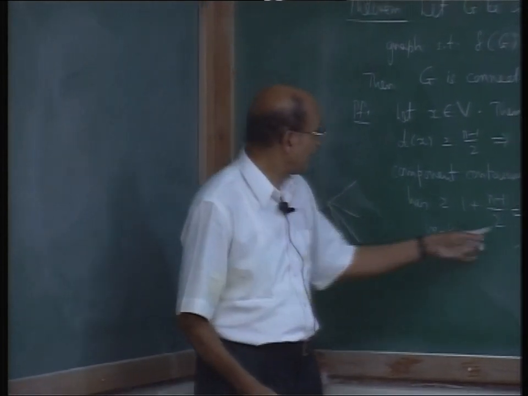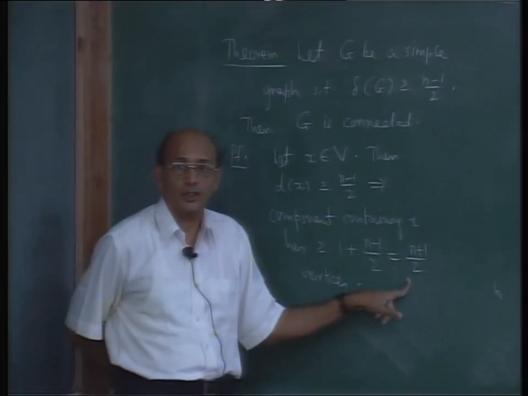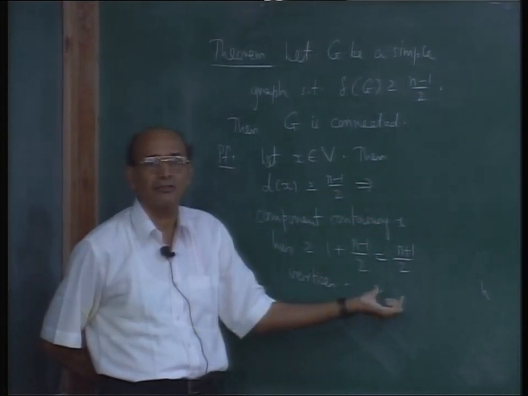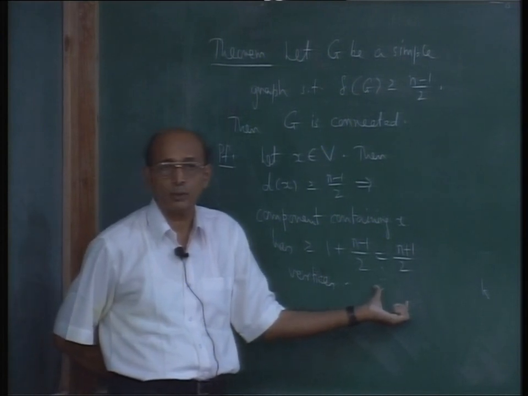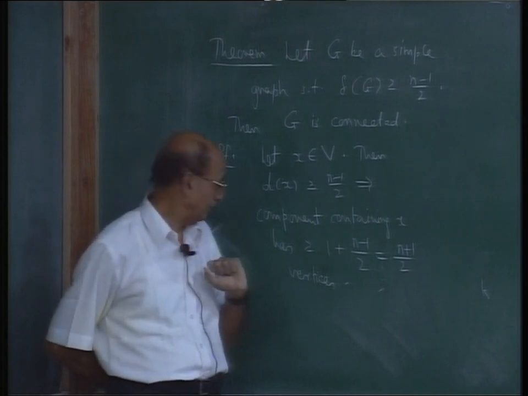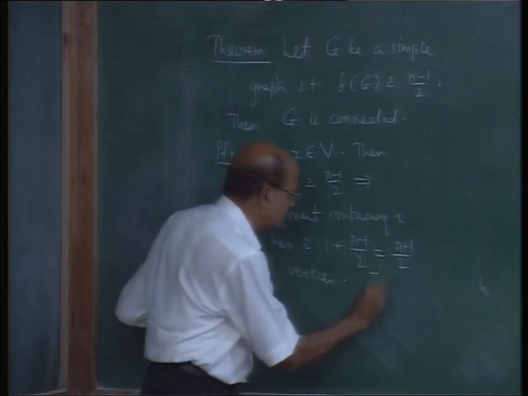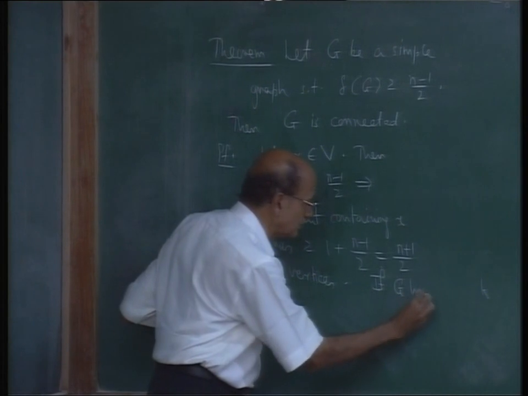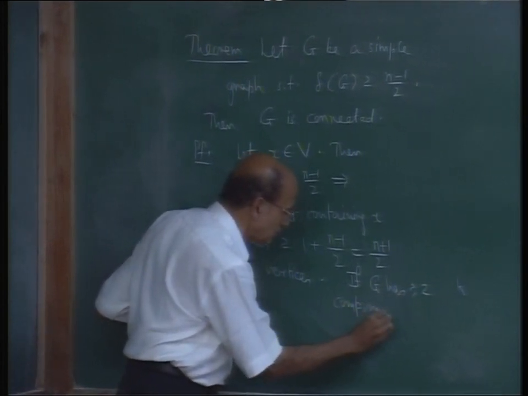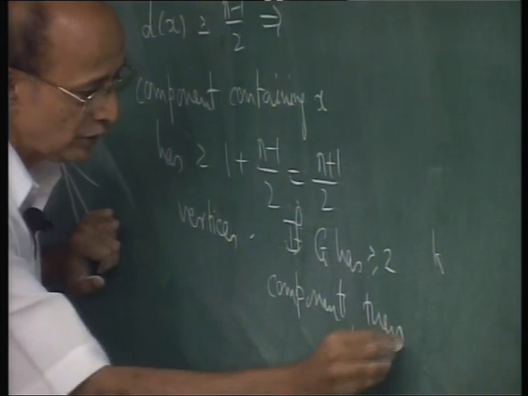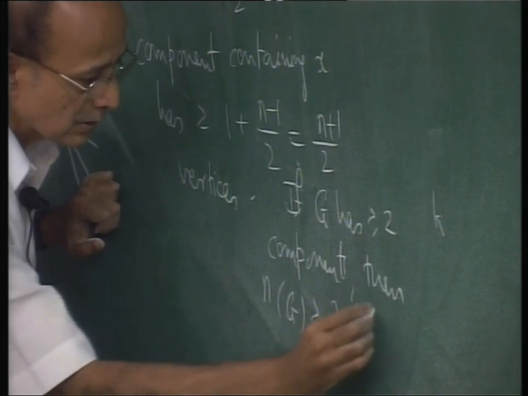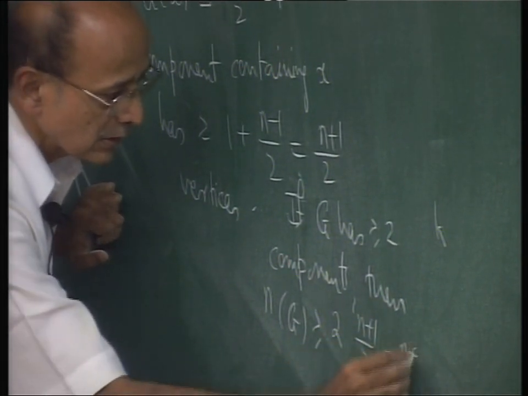Because if one component consumes so many vertices, then the other component will have less left, only (n-1)/2, which is not true. If each one has so many, then n of G exceeds n, a contradiction.